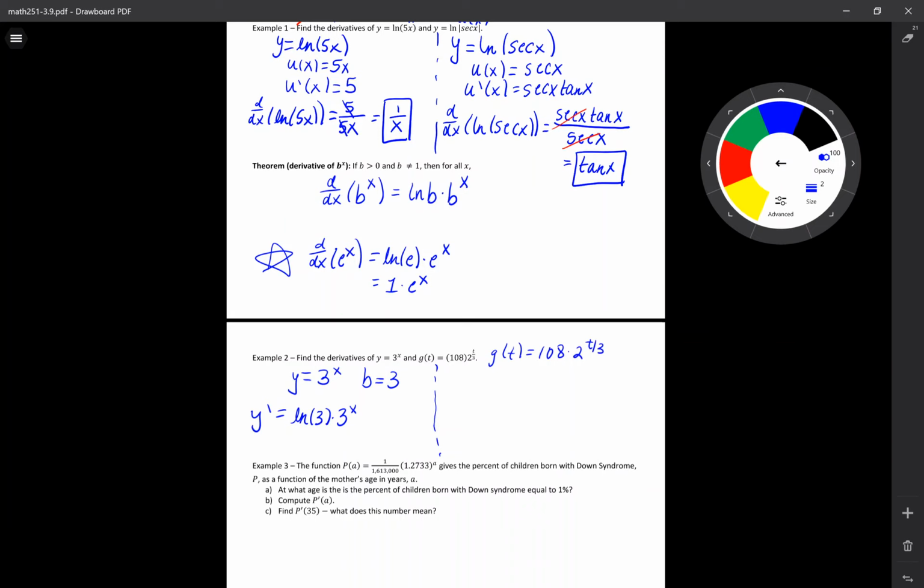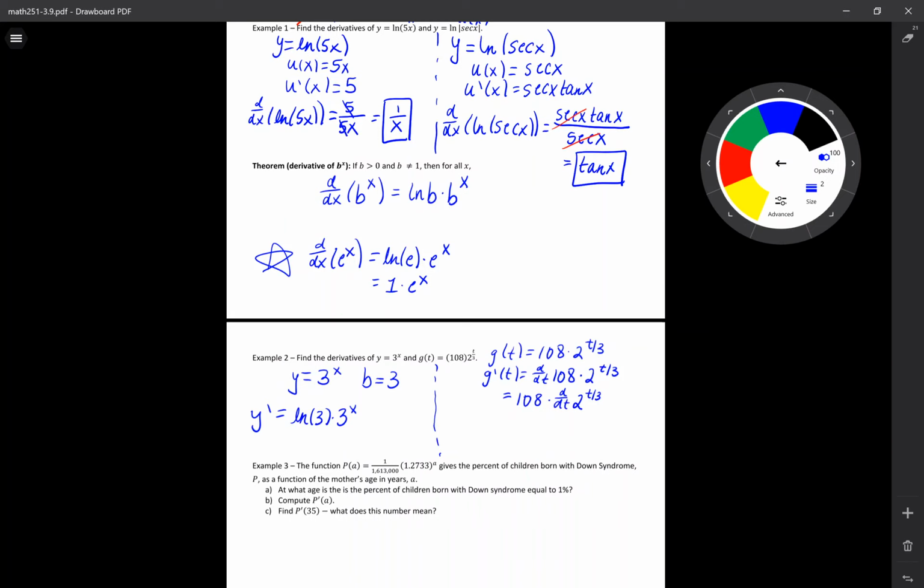In order to find this derivative, I see that g prime of t will be the derivative with respect to t of 108 times 2 to the power of t over 3. And I don't like that 108 hanging out in front of there. So I'm going to use the constant multiple rule and bring it out in front. So this is 108 times the derivative with respect to t of 2 to the power of t over 3.